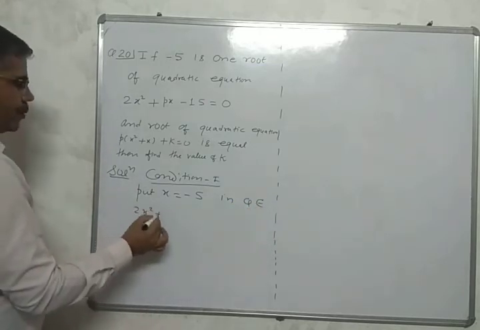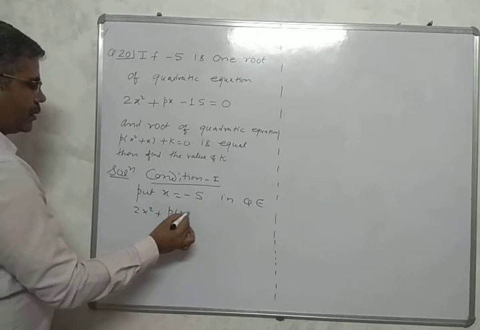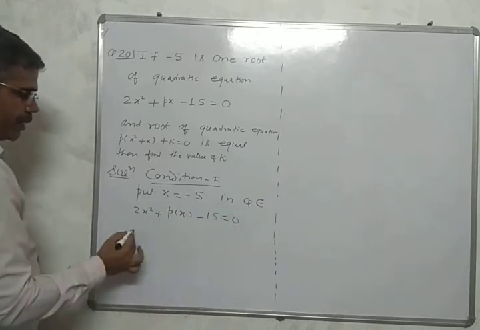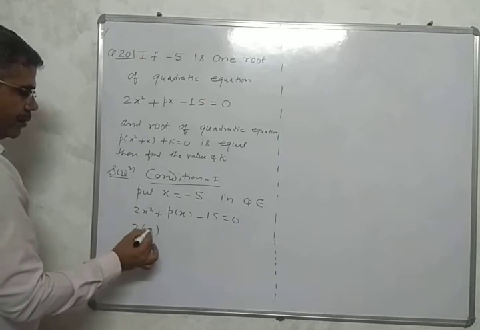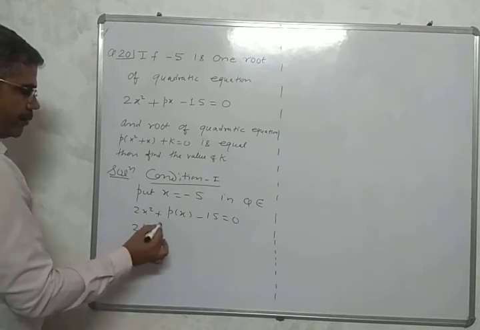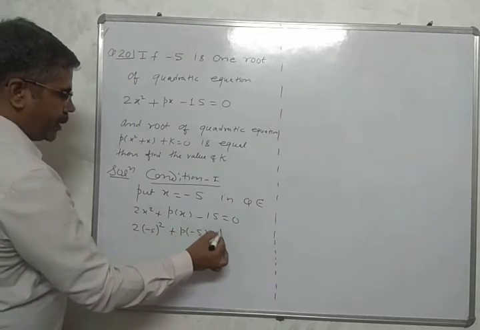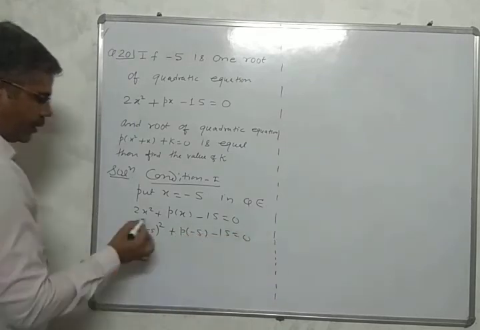2x square plus px minus 15 equals to 0. We put minus 5: 2 times minus 5 square plus p times of minus 5 minus 15 equals to 0.